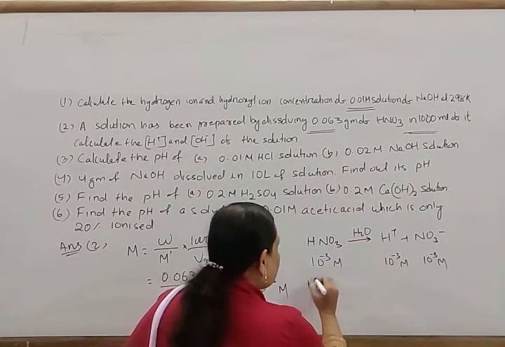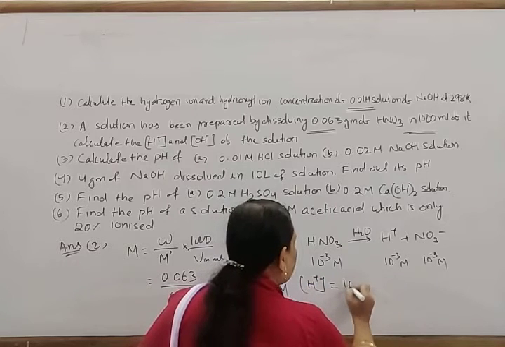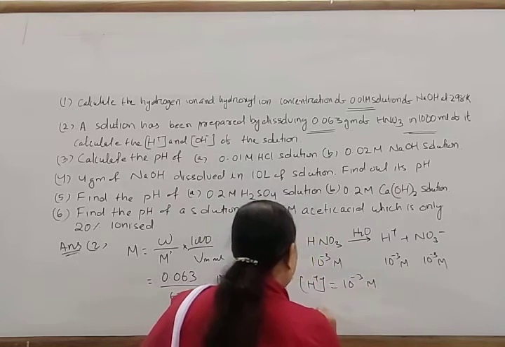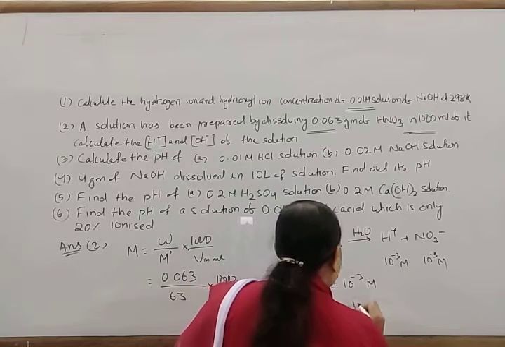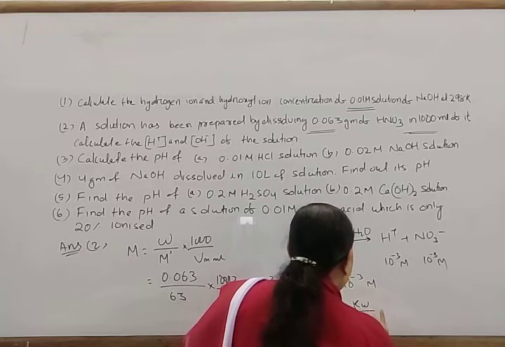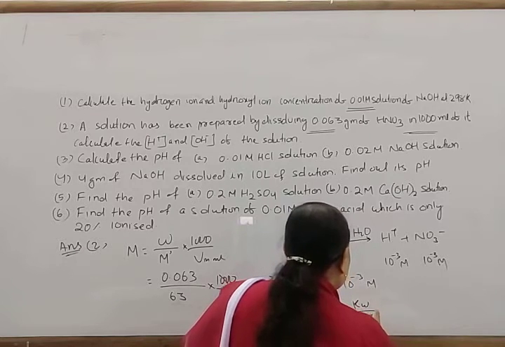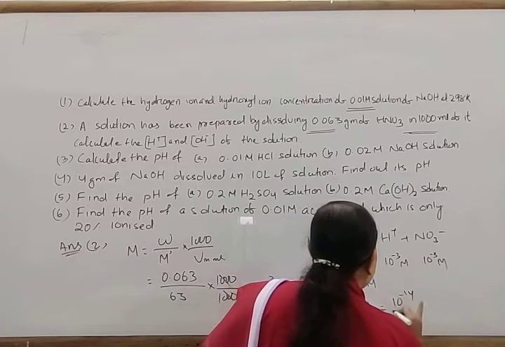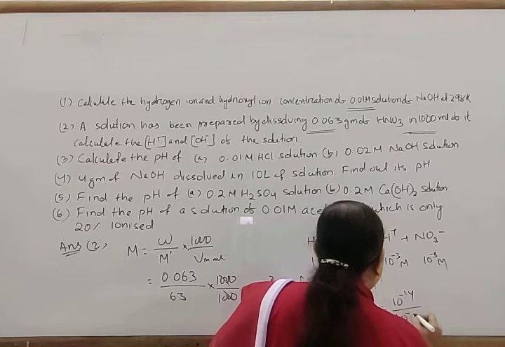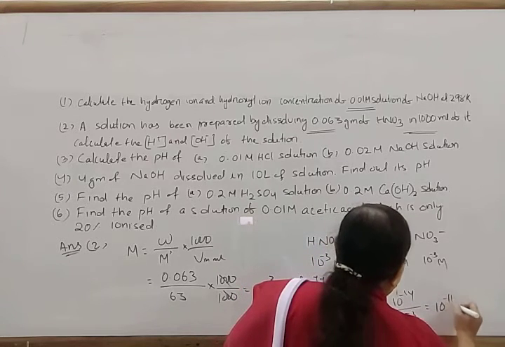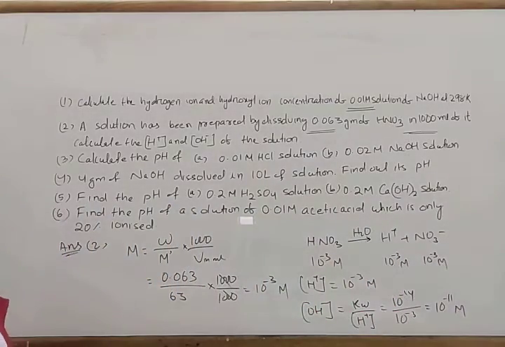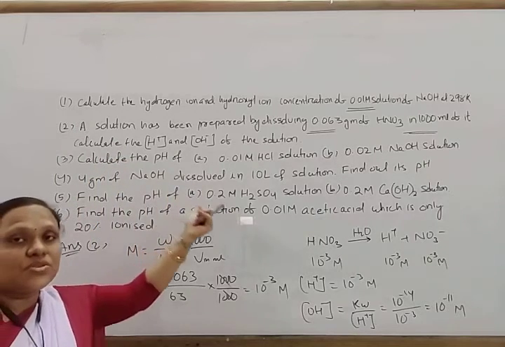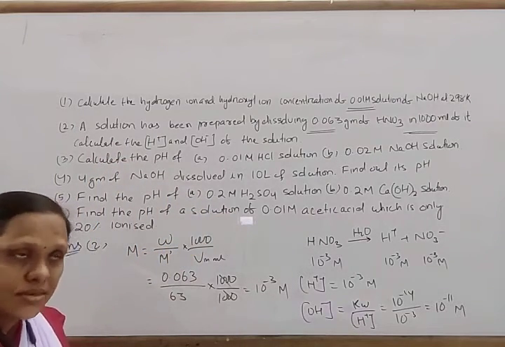As the H+ concentration is 10 to the power minus 3 M, the OH- concentration is equal to Kw by H+ concentration, that is 10 to the power minus 14 by 10 to the power minus 3, which is 10 to the power minus 11 M. So if the H+ is given, find the OH-; if the OH- concentration is given, then find the H+ concentration.